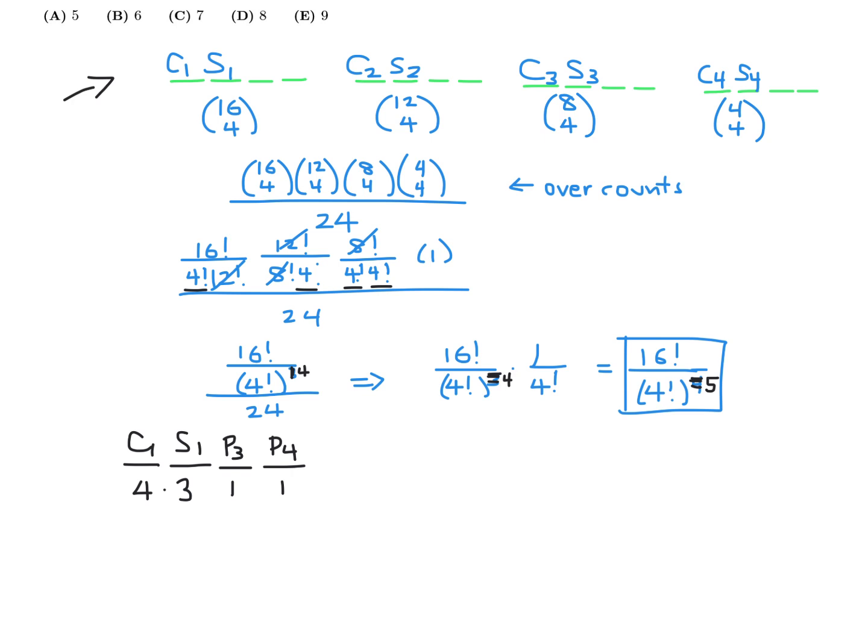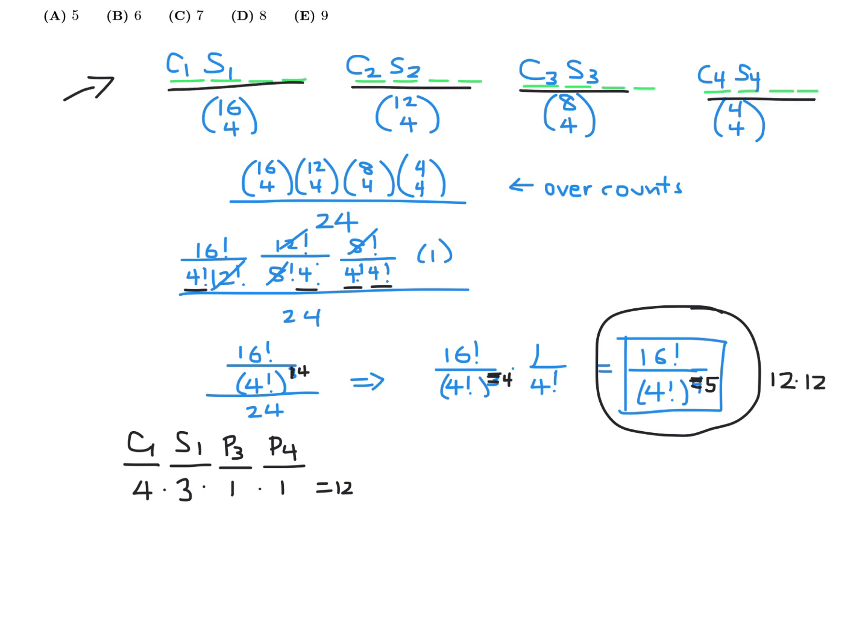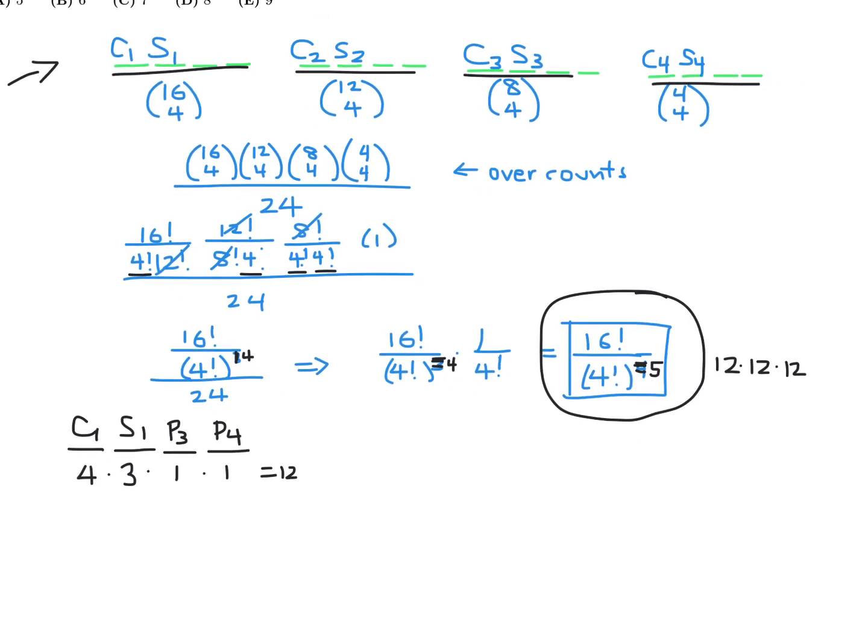So we have 4 times 3 times 1 times 1, which is 12 different ways of choosing one person to be a chairperson and one person to be a secretary. So this whole thing needs to be multiplied by 12 for each of these. 12 for this, 12 for this, 12 for this, and 12 for this. So 12 times 12 times 12 times 12.